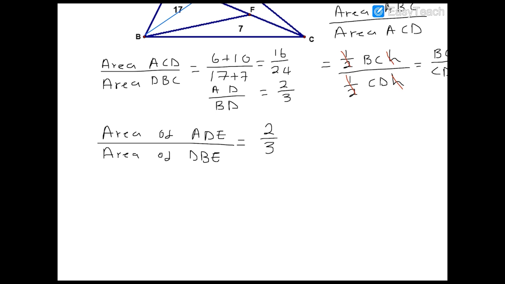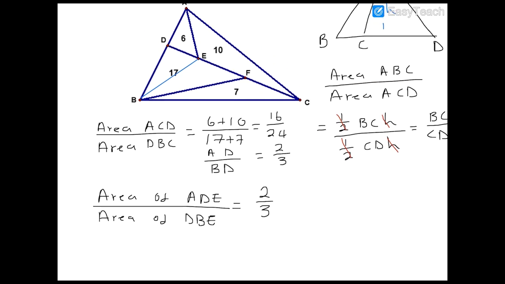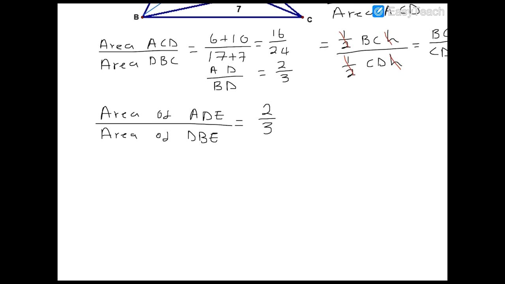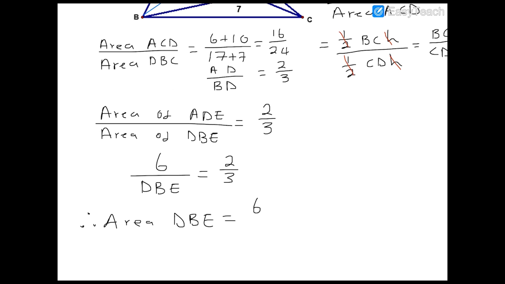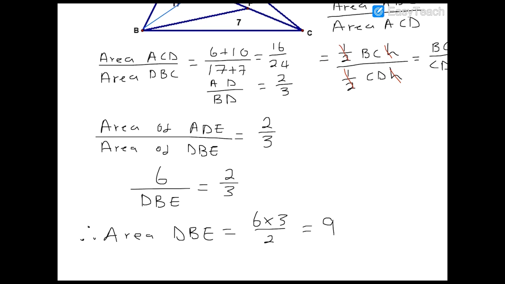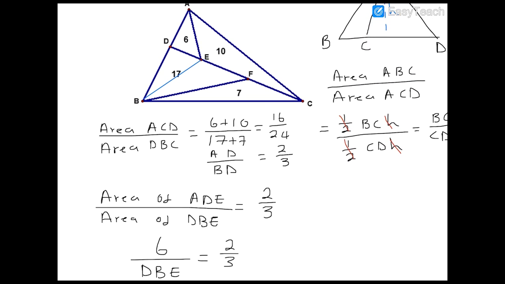We know the area of ADE is 6, so 6 divided by area of DBE is equal to 2 over 3, and therefore the area of DBE will be equal to 6 multiplied by 3 over 2, which will give us an answer of 9.